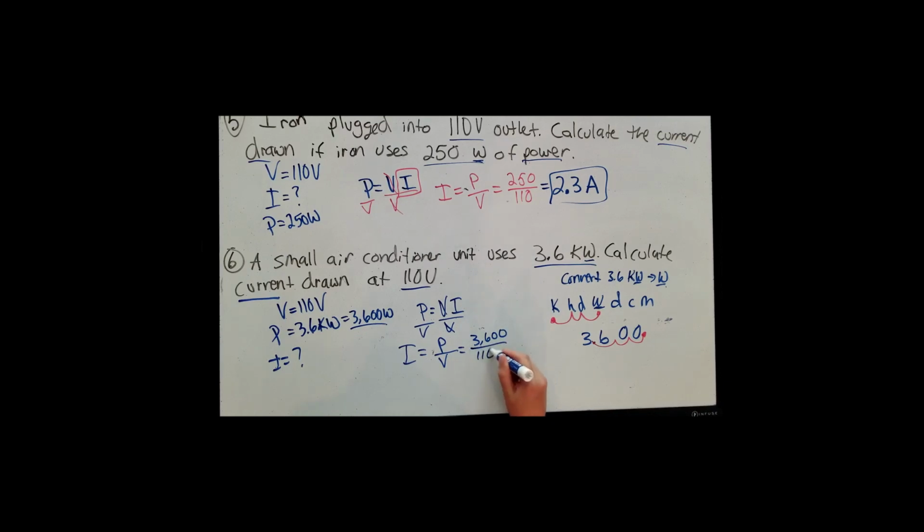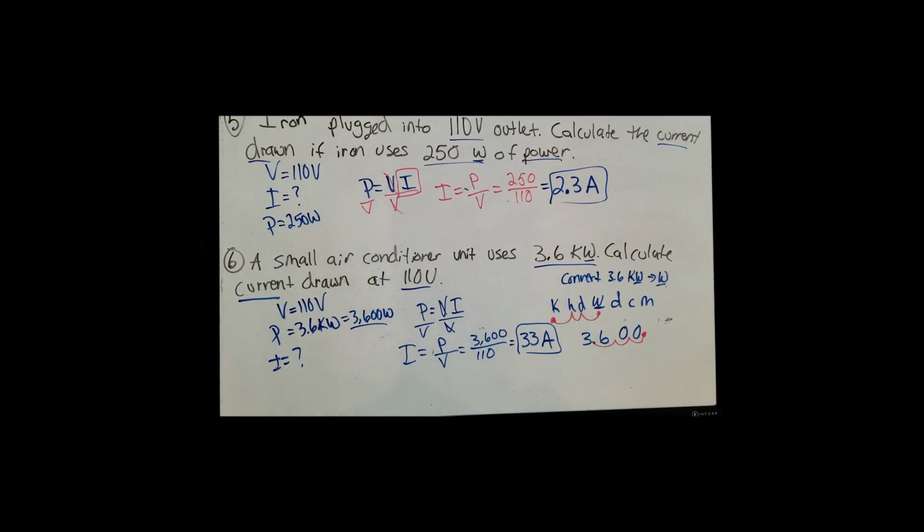My 110 voltage is going to go on the bottom. And this time we get, rounding up to 2 sig figs, 33. And current is measured in what units? Amps. So we have 33 amps of current. So more current is needed for a stronger resistor, which makes sense.